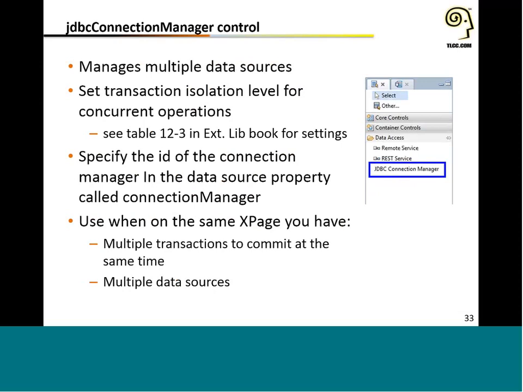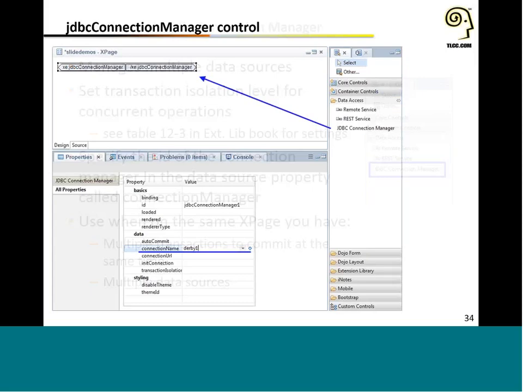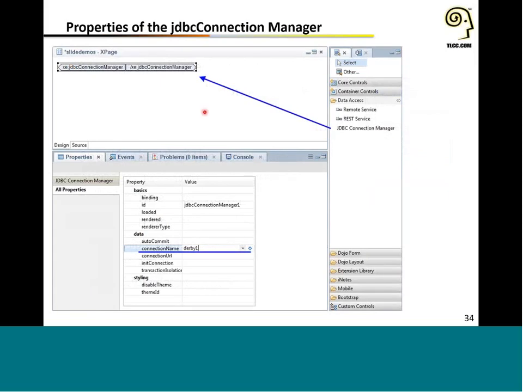Another reason to use the JDBC Connection Manager is when you have multiple transactions that you want to commit at the same time. In other words, the user makes a number of changes in the table and then they click the Save button. Paul will show an example of that. To use the JDBC Connection Manager, you drag it over to the page from Domino Designer and set up the connection name.